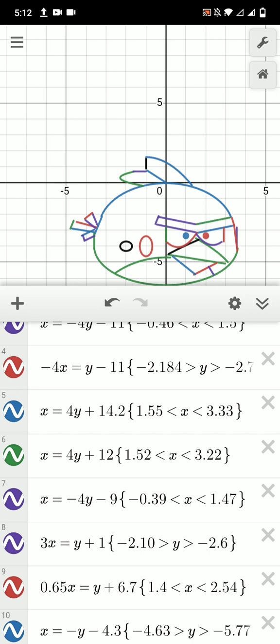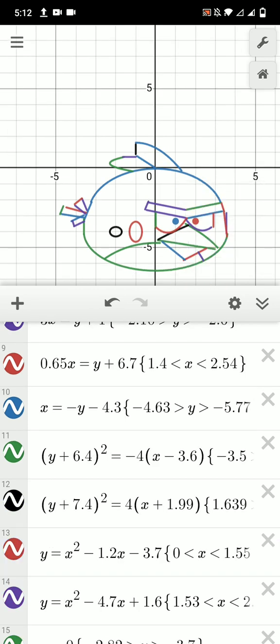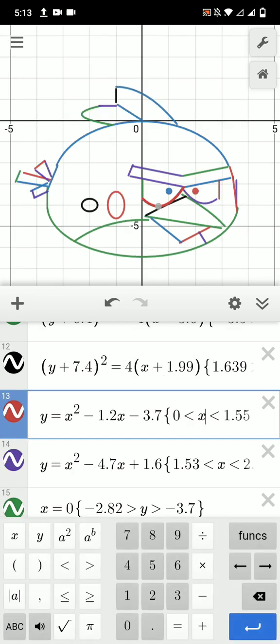This function here is y = x^2 - 1.2x - 3.7, with the domain of x greater than 0 but less than 1.55.